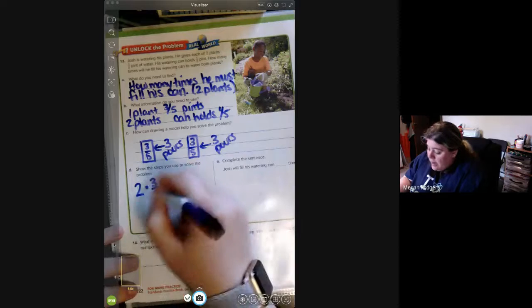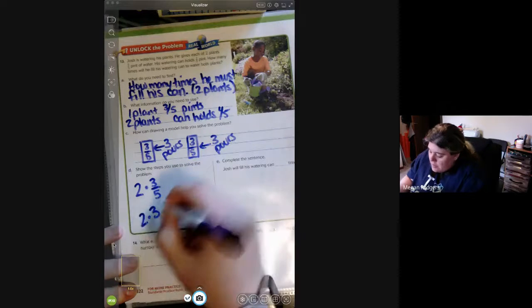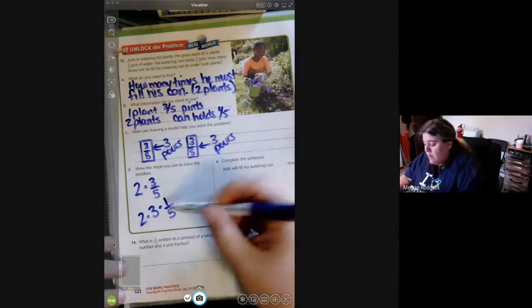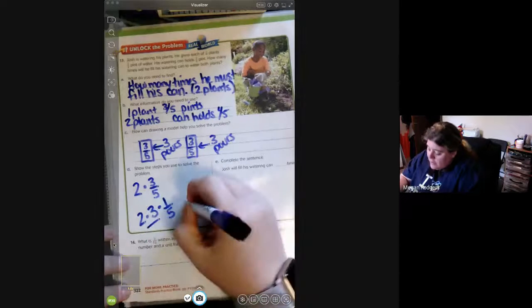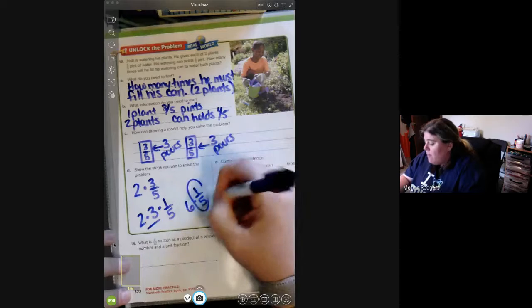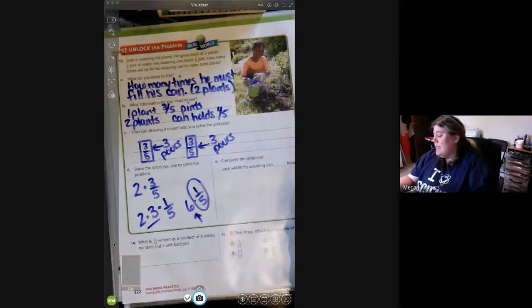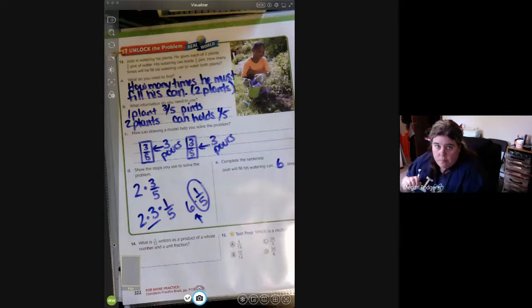And I can break my 3/5 down so that I know I have 2 times 3 times 1/5. Because remember, 3 times 1/5 is how we got 3/5. And so now I know I need 6 times 1/5. And if 1/5 is the amount my watering can hold, then 6 is how many times I'll have to fill it. Hopefully that all kind of makes sense on that.